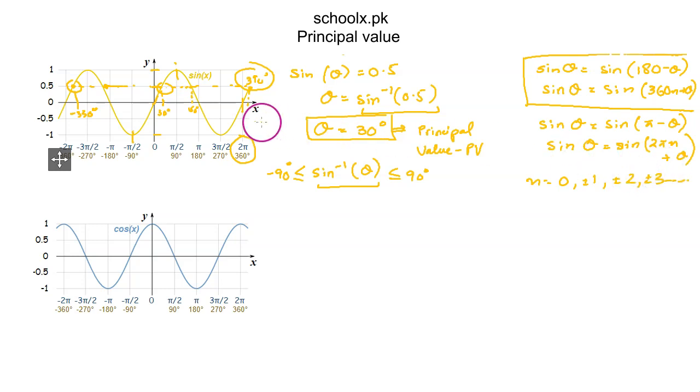Now negative angles simply mean a clockwise rotation. Angle is a measure of rotation. Negative angles mean a clockwise rotation. Positive angles mean a counterclockwise rotation.